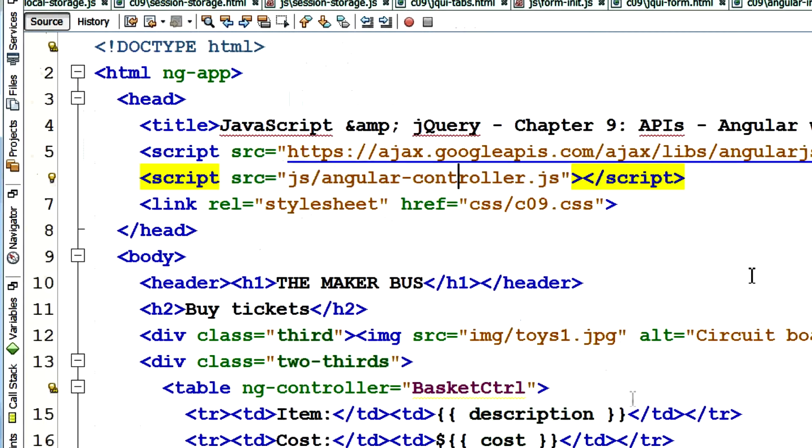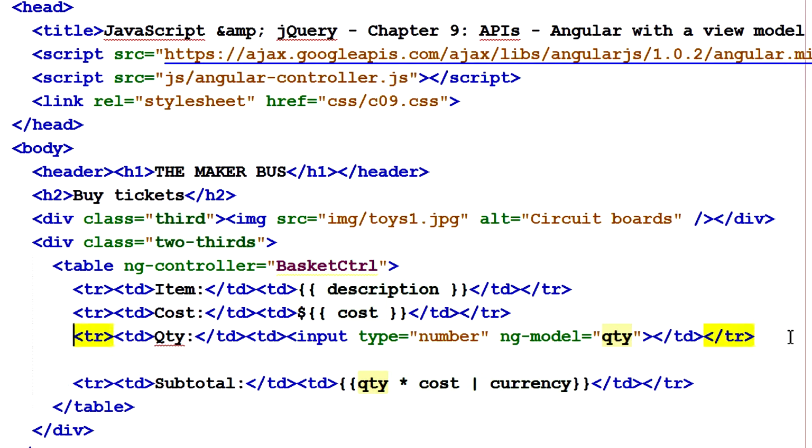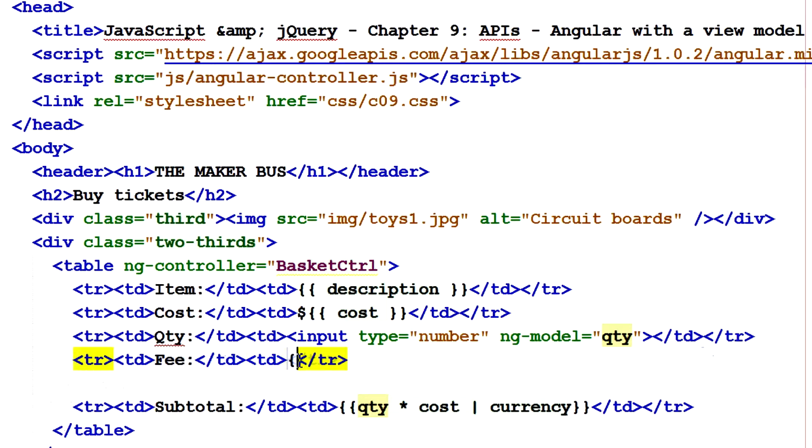And if we look at the Angular controller, I'm just going to add another row here. I'm going to call it fee. And I don't need an input. Actually, I put this in the wrong place. Probably it should be in the table data.